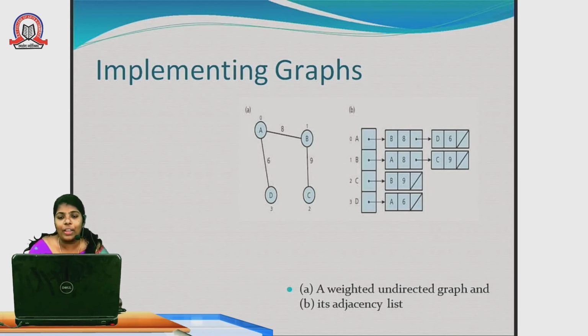So for A, that is B, A is connected to B. Again B is connected to C. Like this we can represent the graph in a list. Then C is connected to B. So adjacency matrix and adjacency list are the two representations for the graph.